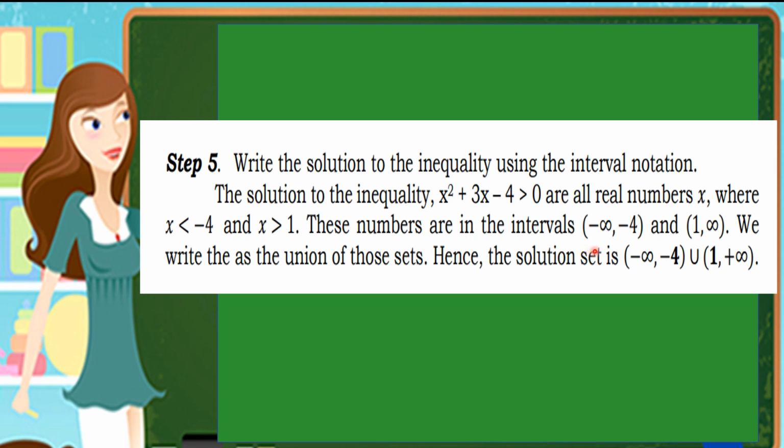So, negative infinity to negative 4, hindi kasali yung negative 4. And positive 1 to positive infinity. Ibig sabihin hanggang doon sa kaduluduluhan. Lahat ng positive number that is greater than 1 and lahat ng negative numbers that is less than negative 4. Okay po?